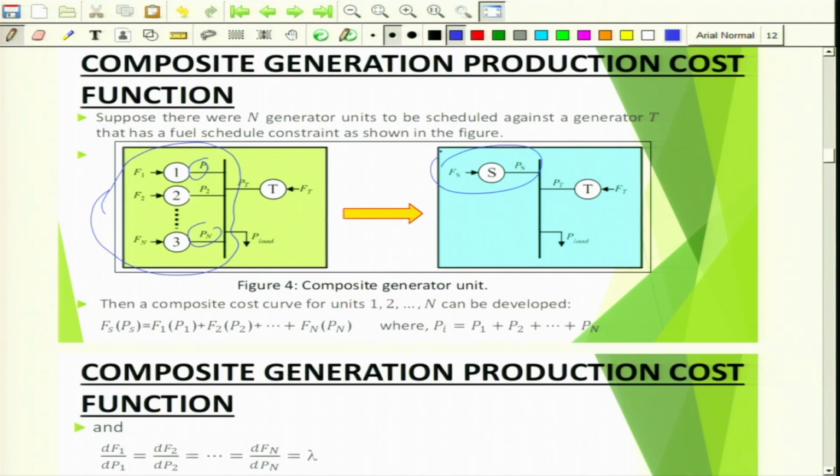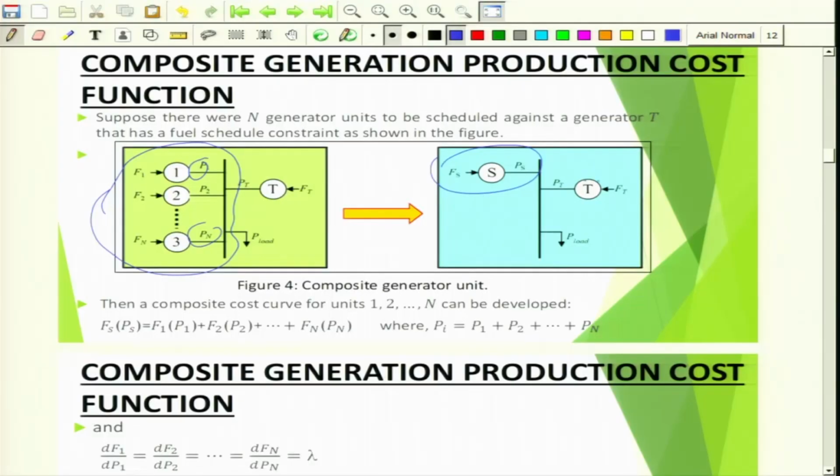There are multiple machines, now you are replacing them with that one single machine, one single unit, which can have the characteristic curve equivalent to the overall characteristics put together of the individual n generators. And now it is the dealing between the composite generator and the new generator, which has some constraint to be addressed, right. Now, how to obtain the composite characteristic curve, that we need to identify first.